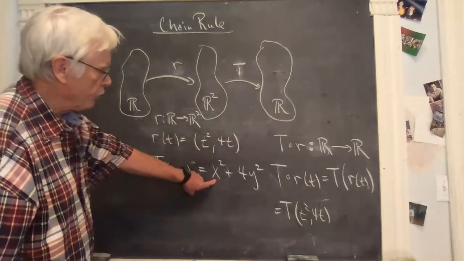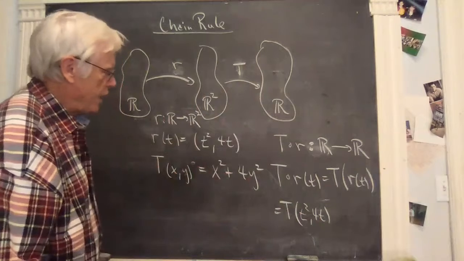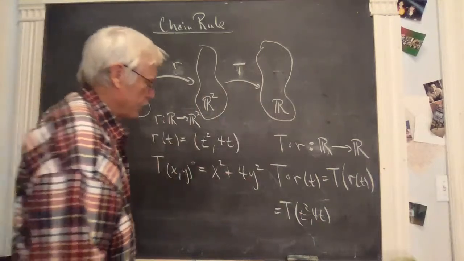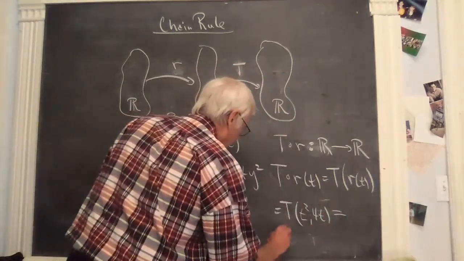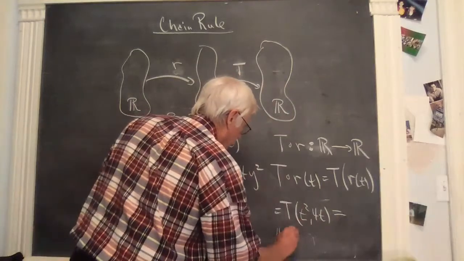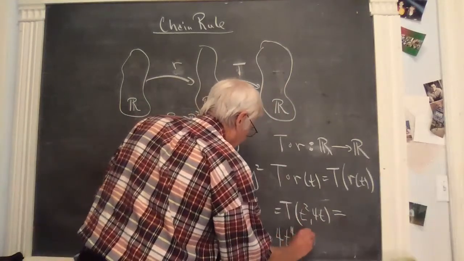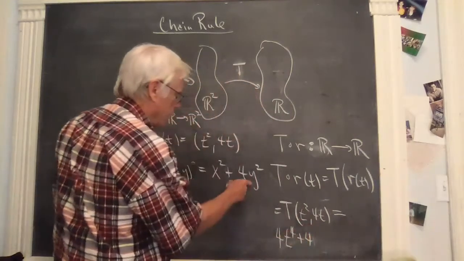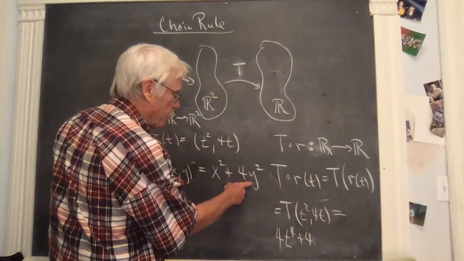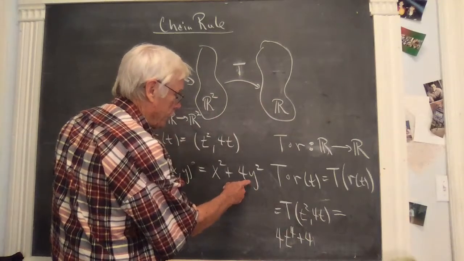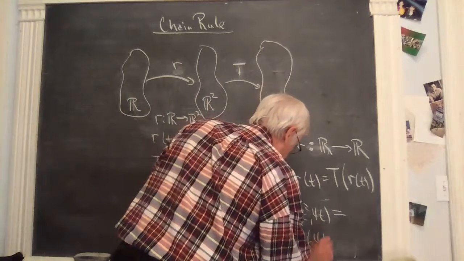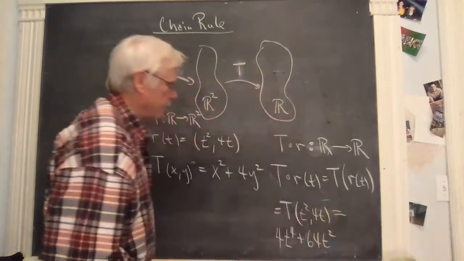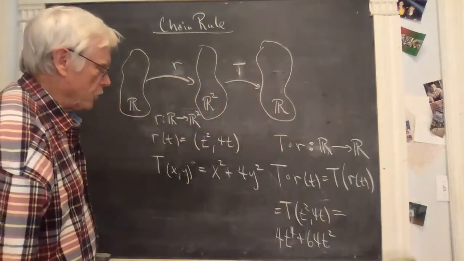So we square the first component and add it to 4 times the second component squared. So this is 4 times the first component squared, so 4t to the 4th, plus 4 times (4t) squared. Well, (4t) squared is 16t squared. So this whole thing is 64t squared. So this is the formula that we're talking about.